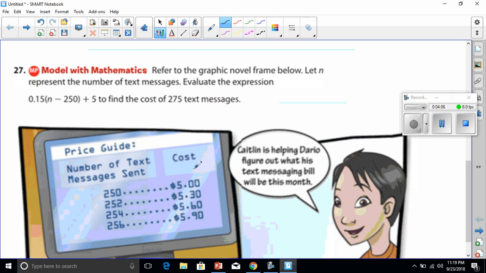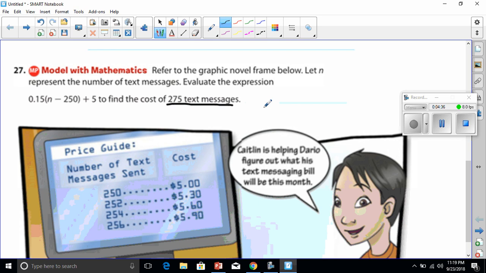All right, well, over here they say that these are the number of text messages sent, and this is the cost. So n is going to be the number, and they're saying to find the cost of 275 text messages. So that means the number is 275.